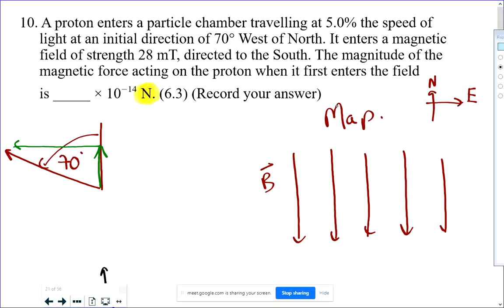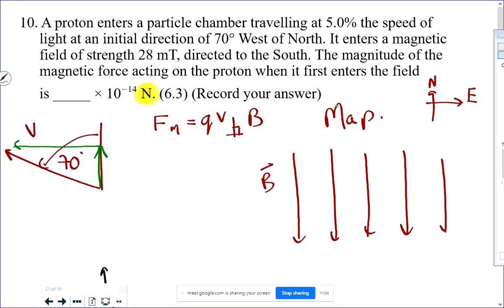And I look at those two green vectors that I've drawn, everybody. I ask myself, which of them is perpendicular to this field? Because in the formula, that's what we have to use. We have to use the perpendicular component of the velocity. And the answer in this particular case is it's the horizontal.